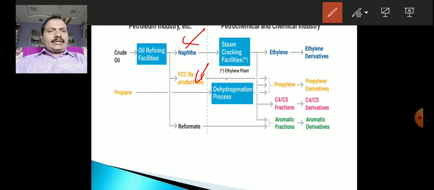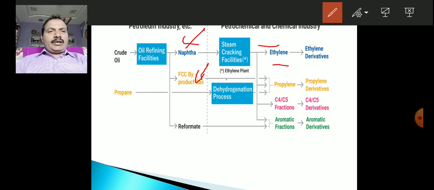So after cracking this naphtha and other outputs of the oil refining petroleum industry, you will get ethylene and ethylene derivatives, propylene and propylene derivatives, C4 C5 fractions and C4 C5 derivatives, and aromatic fractions and aromatic derivatives.